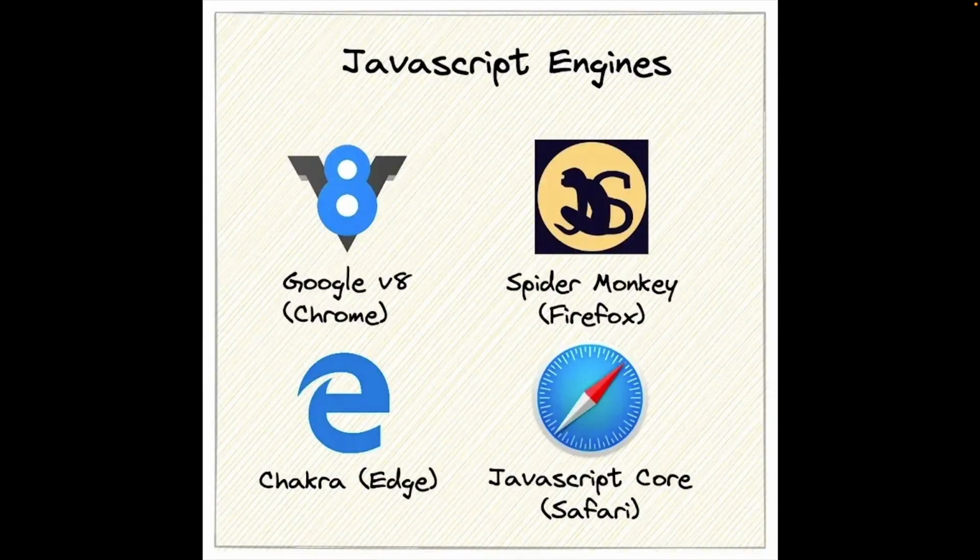Although the engines are owned by different companies and are slightly nuanced in how they implement the ECMAScript standards, they all work so seamlessly that most JavaScript developers don't often think about memory management until something goes wrong in terms of errors or slow performing apps.